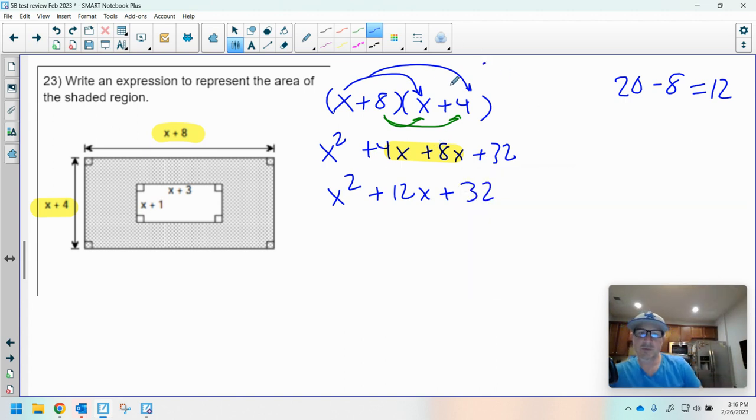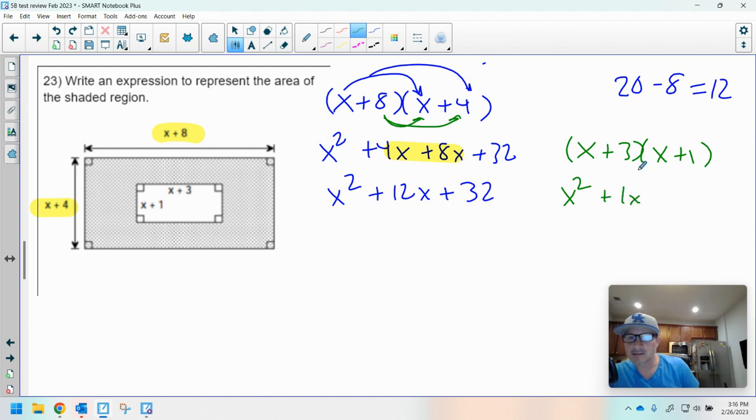Now, what do we got to do next? We got to get the area of just that white rectangle. x plus 3 times x plus 1. X times x, x squared. X times 1, 1x. 3 times x, 3x. And last is 3 times 1, plus 3.